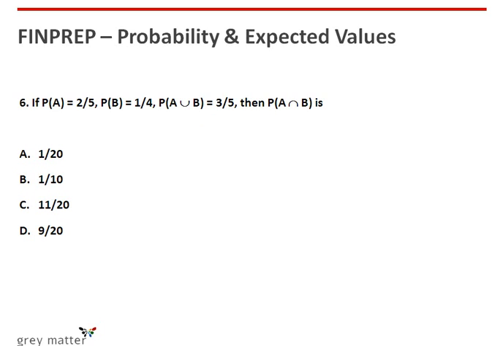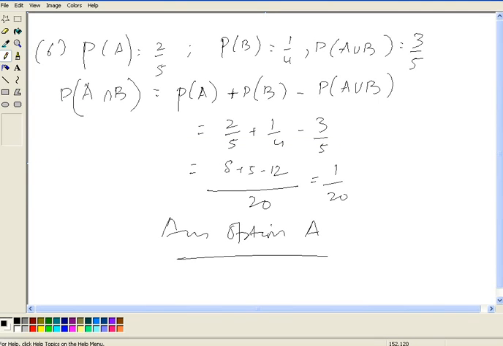Going to the sixth question, given that the probability of A equal to 2 by 5, probability of B equal to 1 by 4, probability of A union B is 3 by 5, we need to find the probability of A intersection B. Looking at the work area, these are the given parameters.